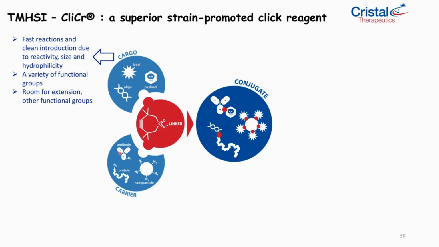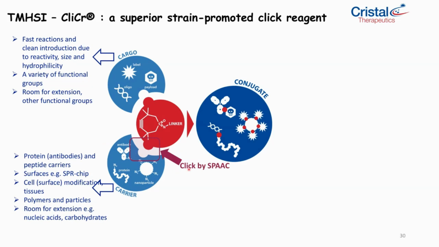The carrier can be an antibody, it can be a nanoparticle, it can be another protein. And that's happening via the click by this strain-promoted azide-alkyne cycloaddition. I've mentioned the examples, and there are many more. And we get this nice cargo-carrier construct, which is denoted as the conjugate.